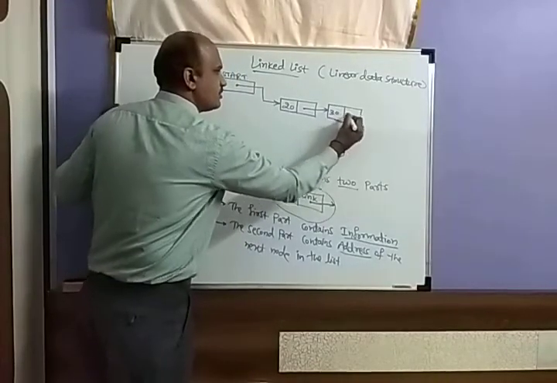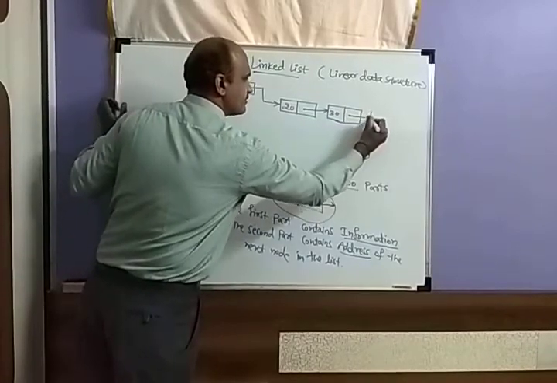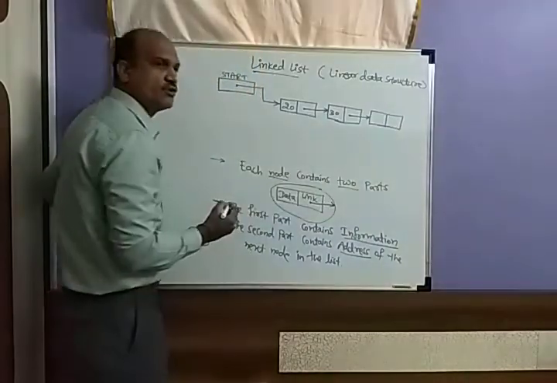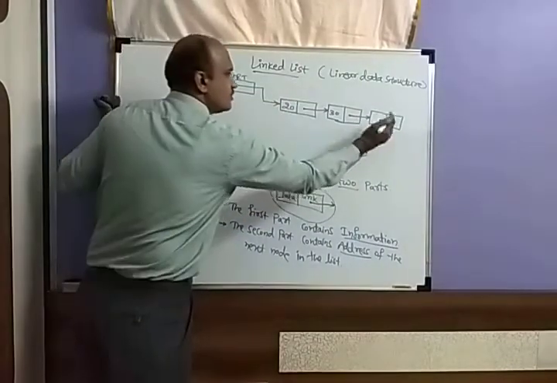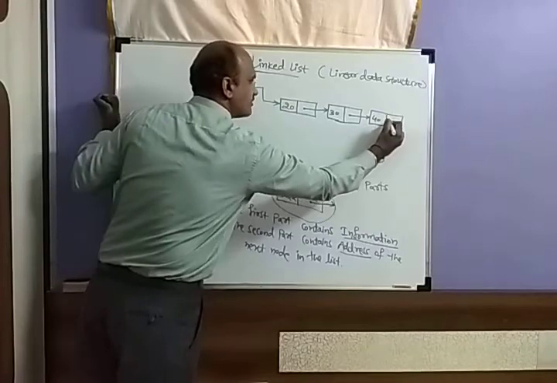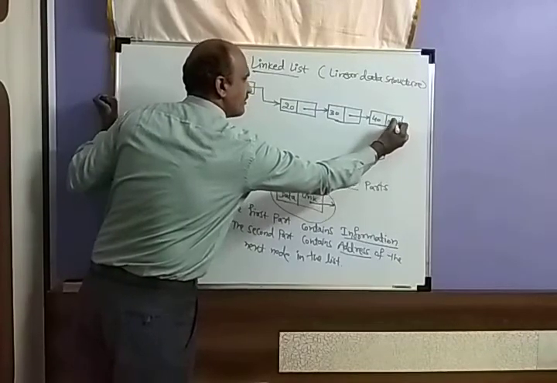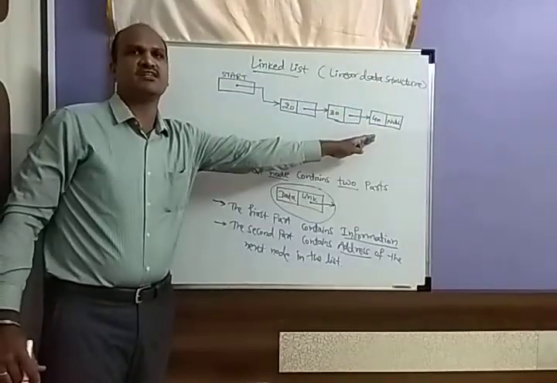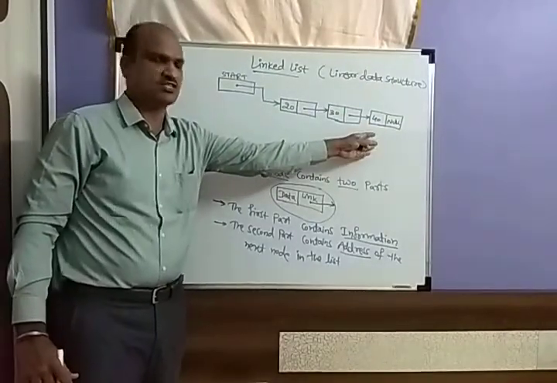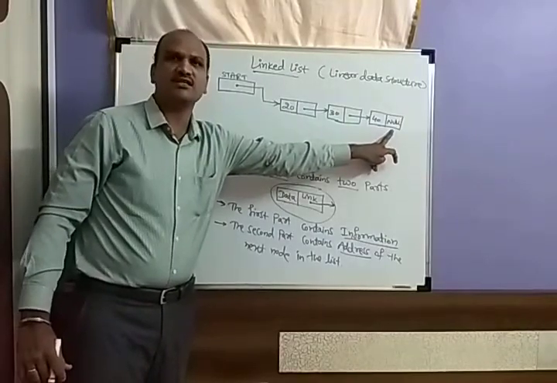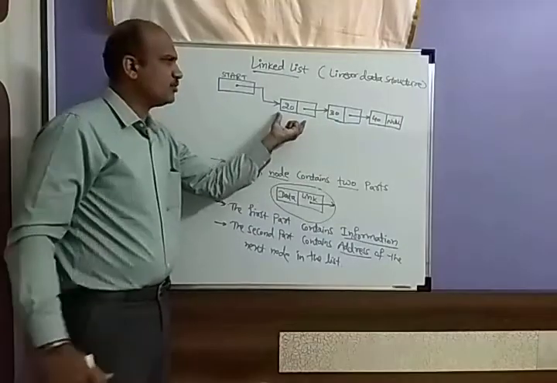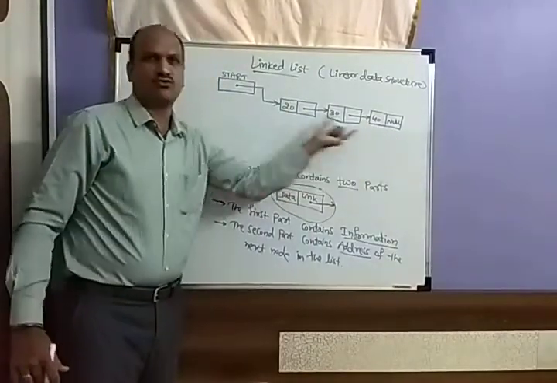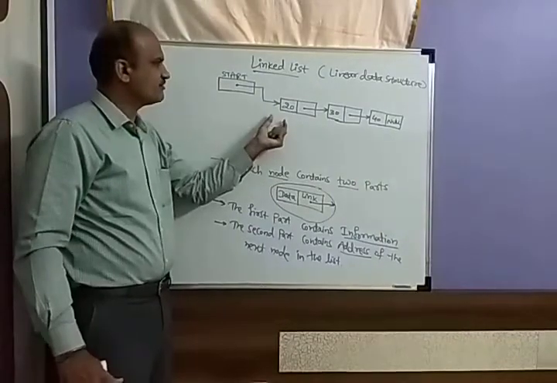Like this we can have any number of nodes. Where the list ends, we write null, because no node is connected next. That's why the last pointer is null. So this is one node, this is one node, this is one node. We have connected three nodes in the linked list. This is very simple.